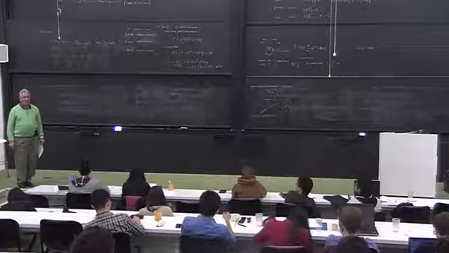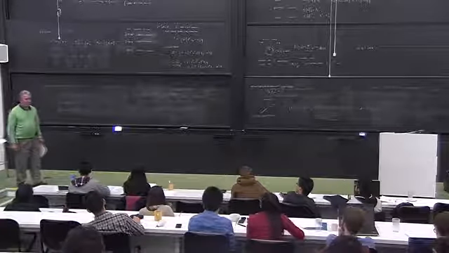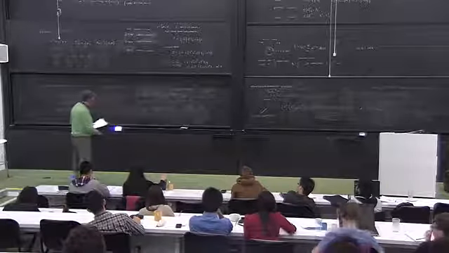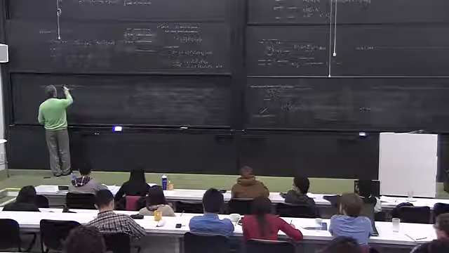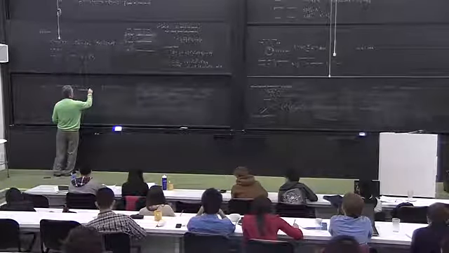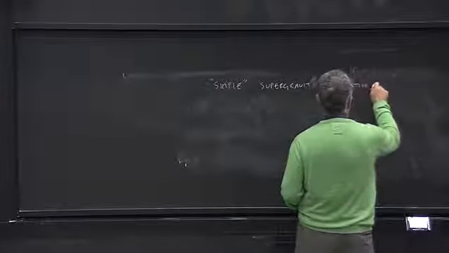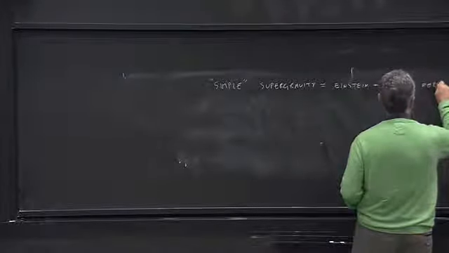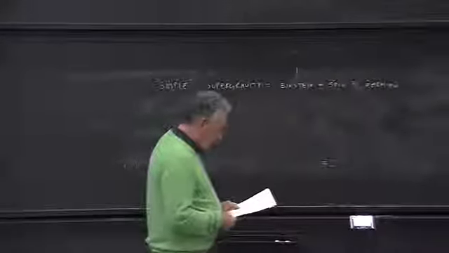So the superpartner of a photon would be a spin 1/2 fermion, but the superpartner of a graviton would be a spin 3/2 fermion. So simple supergravity is the theory of Einstein plus a spin 3/2 fermion.